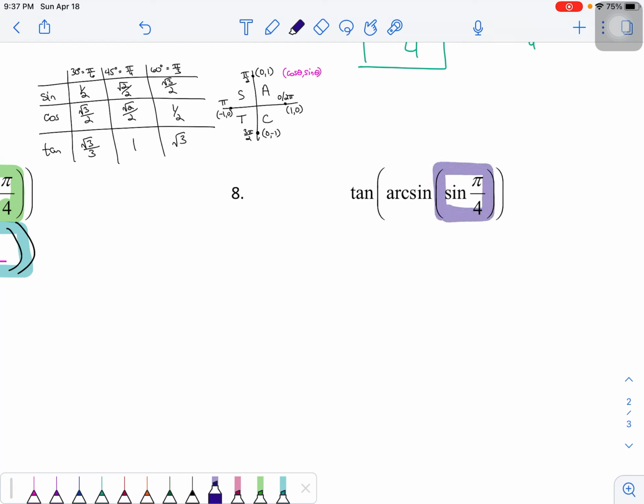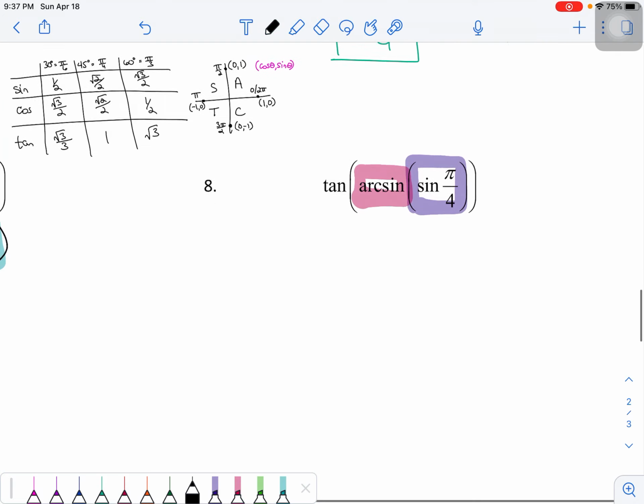Now, we've got the sine of the inverse sine of the tangent of pi over 4. I'm going to do one thing that I haven't done yet, and look at the exact next piece here. Sine and arcsine are inverse relationships to each other. They undo each other.